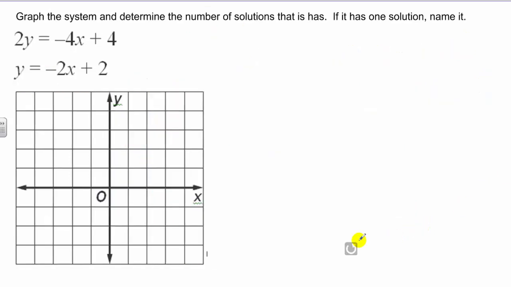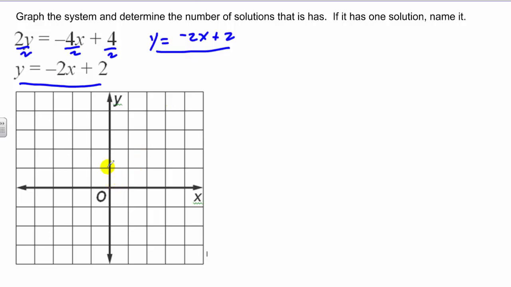So in this next system, I'll divide both sides by 2 in the top equation; the bottom equation is already in slope-intercept form. So I have y equals negative 2x plus 2. You'll notice that this equation is now the same as this equation, which means that the lines will overlap each other.